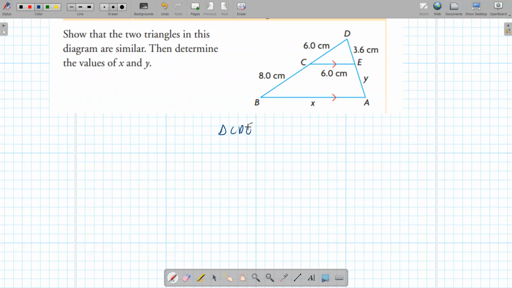Triangle CDE, the one on the top. What's the other triangle? Do you see any other triangles in this? Look at the bigger picture.